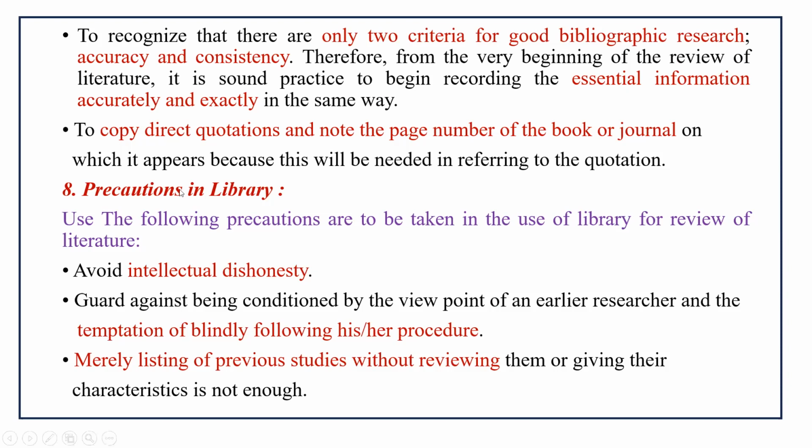Now, what precautions do you have to take in the library when you're searching for the literature? First, avoid intellectual dishonesty. In the sense, you know that this particular paper is there, but you just don't want to accept that the paper is there, because it is your interest that you want to do research on the same topic. But by doing this, you will go nowhere.